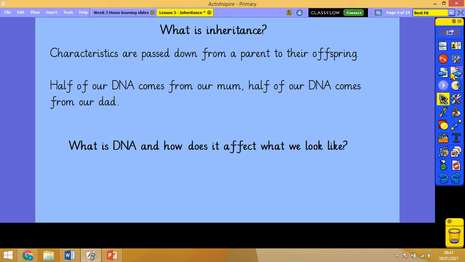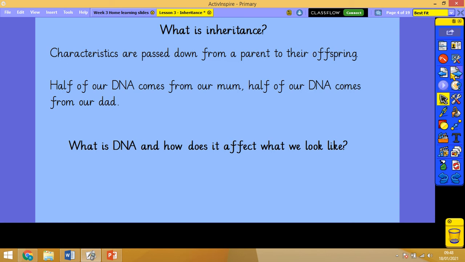Your hair is inherited from your parents. Let's say for example, my hair: my dad has black wavy hair and my mum has brown straight hair. So my hair is brown and wavy. I've got the wavy hair from my dad and the brown hair from my mum. And these are called characteristics.